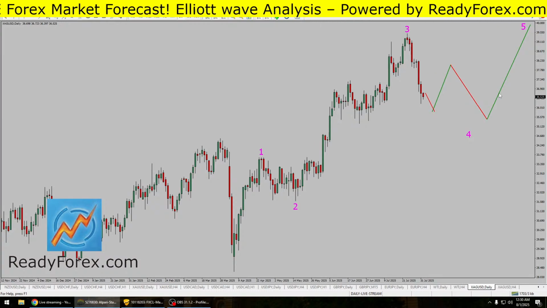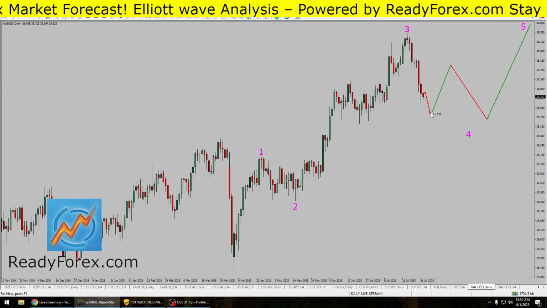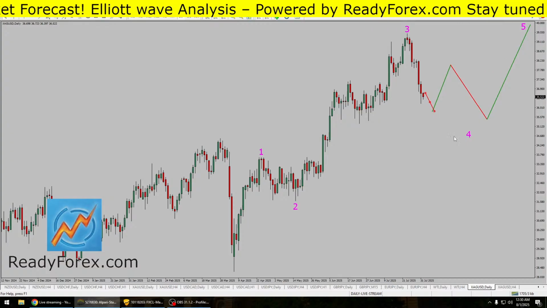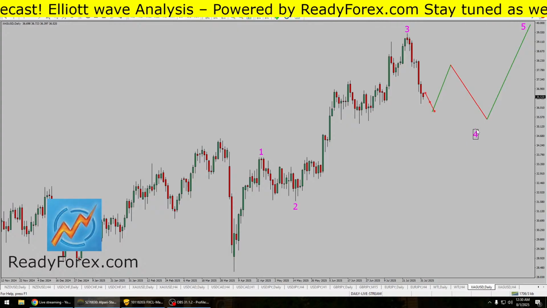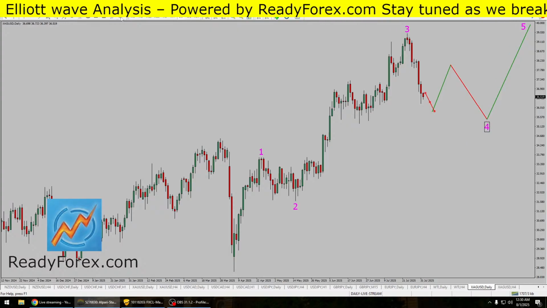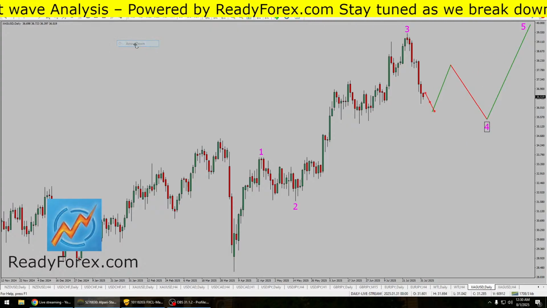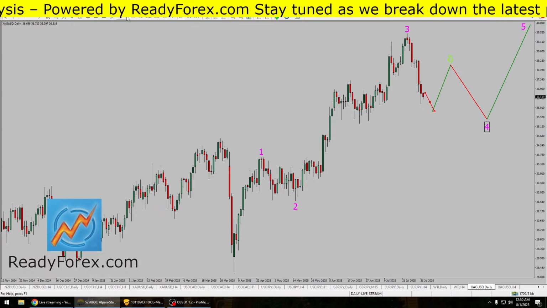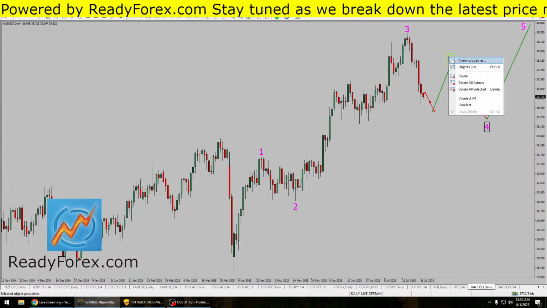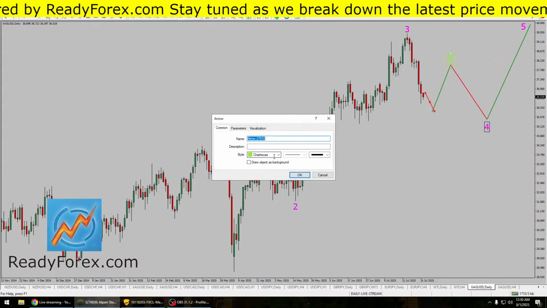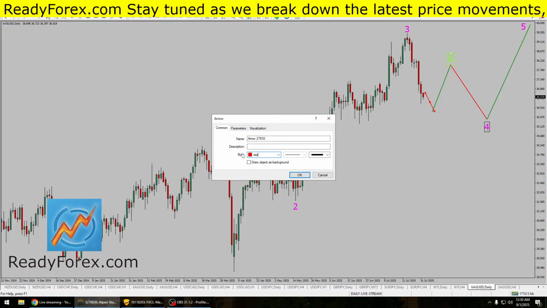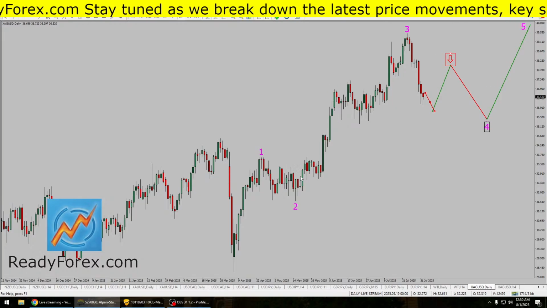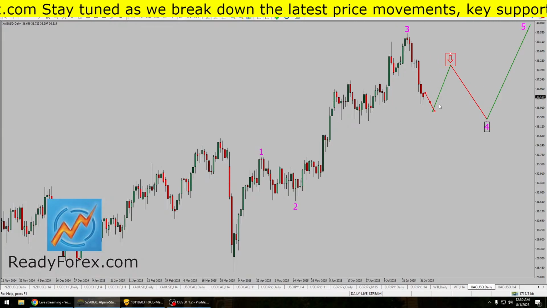Okay, so as far as the setup is concerned, what I would do if I were you, in my humble opinion, a good idea is to wait for a pullback in the market, and then look for a sell pattern or a bearish trade setup up there.